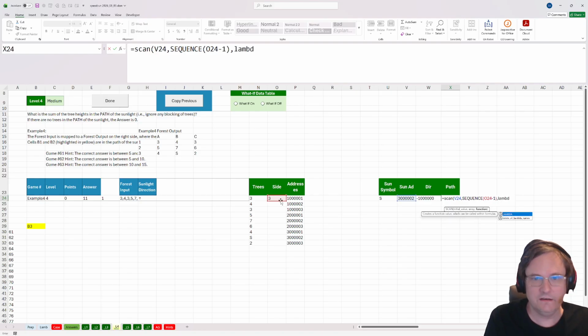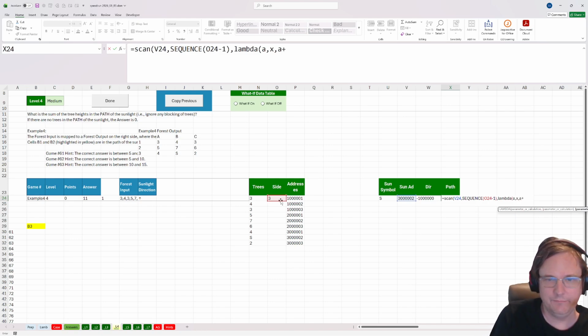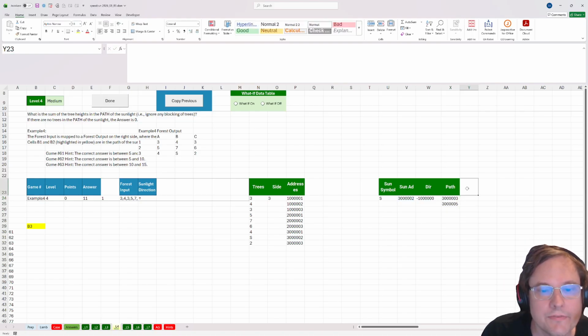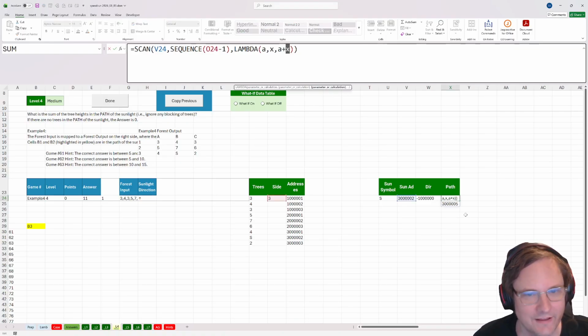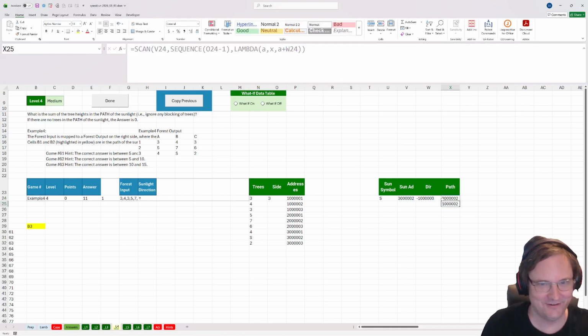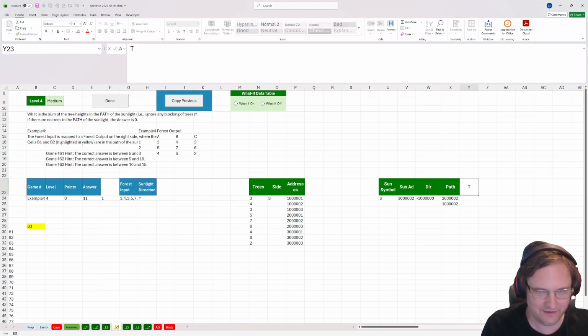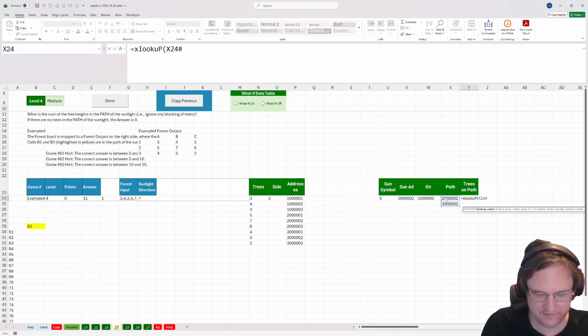And then the function, LAMBDA a x, a plus x. Right? So that's the path there. No, not x. A plus the direction, like that.